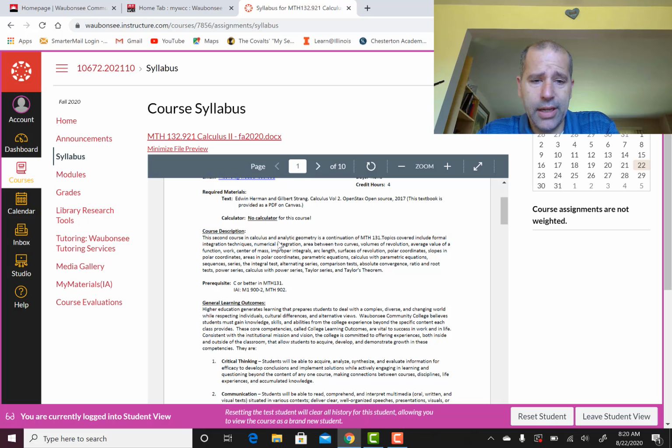The textbook, here's the textbook information. There is no calculator for this class. Now, in the homework and stuff, you may use your calculator to check your work. But for the most part, this is a non-calculator class. I want you to be able to solve these problems using algebra and not using the calculator. Using the calculator is good in instructing and learning how graphs behave and things like that.